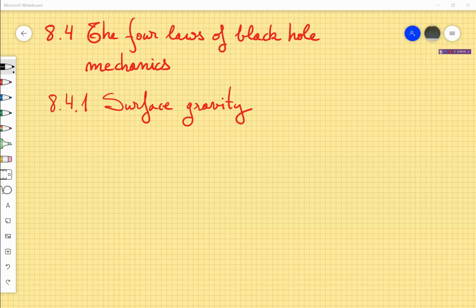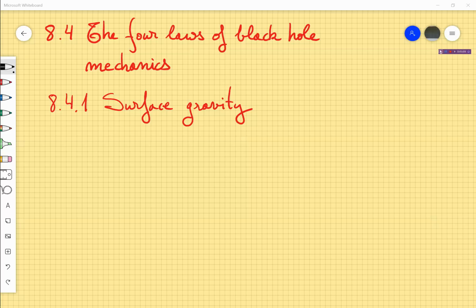Before we establish these analogies, an analogy which gives rise to what is called black hole thermodynamics, we have to find what are the quantities which are analogs to the temperature, the energy, the entropy, and so on in a black hole.